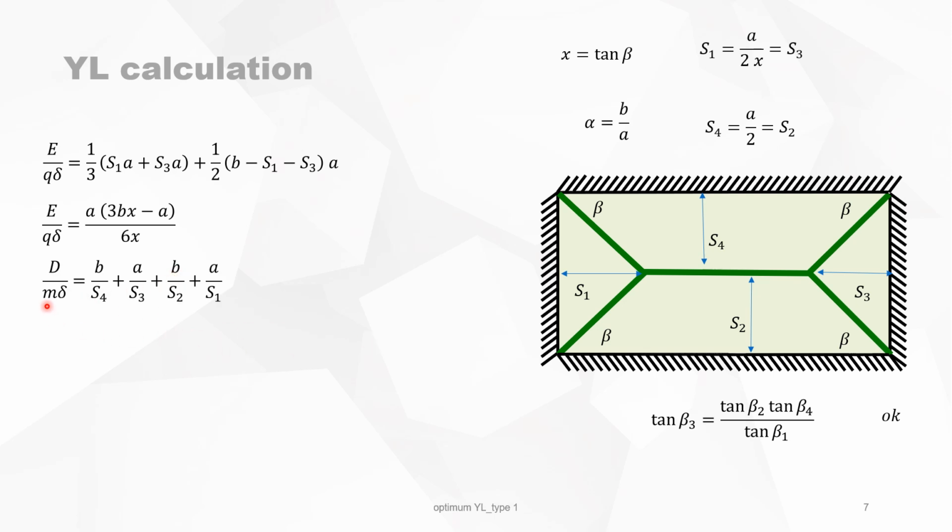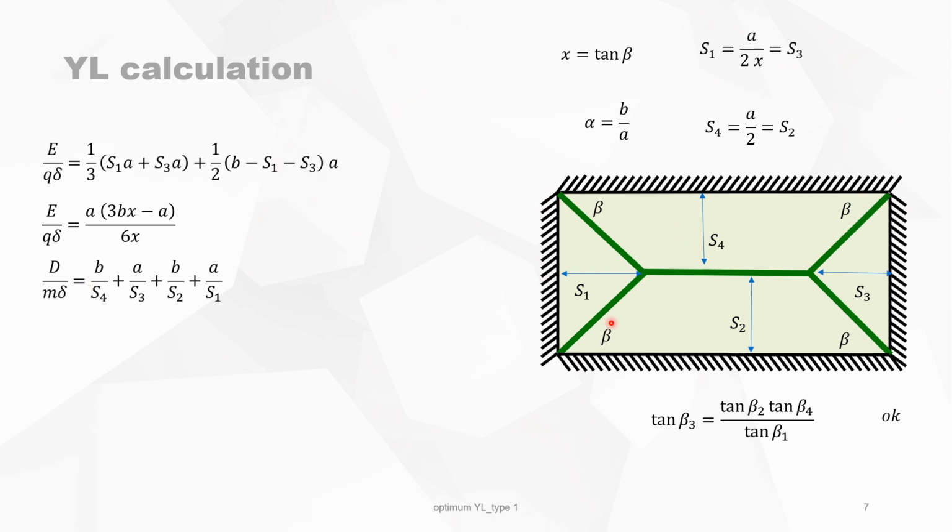The work done by the internal forces or bending moments is then D, divided by m over delta, because it makes it easy to calculate that.